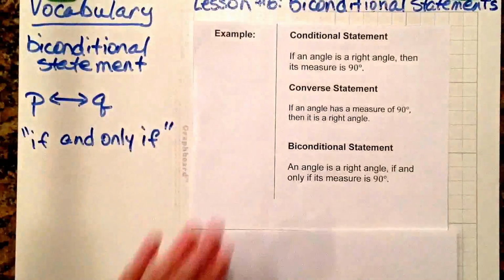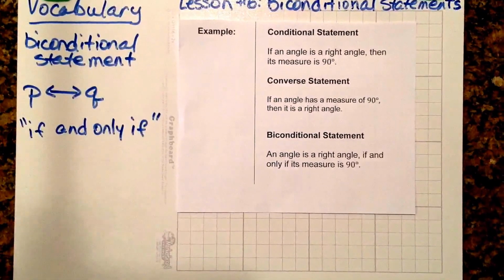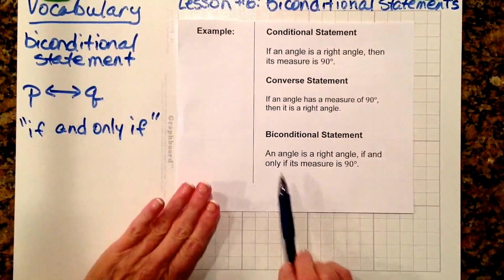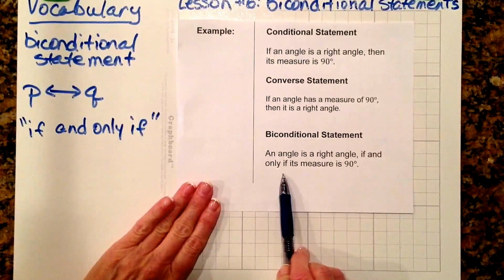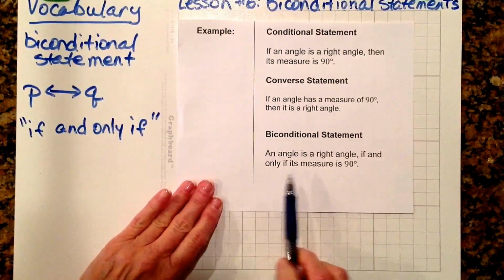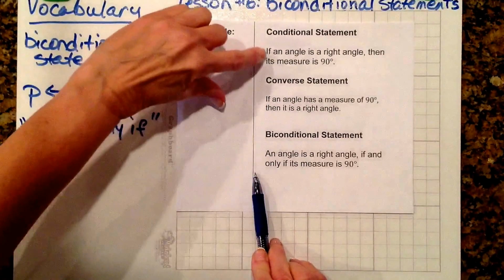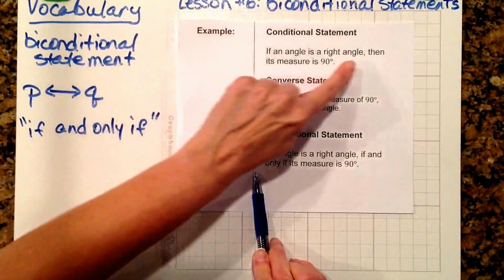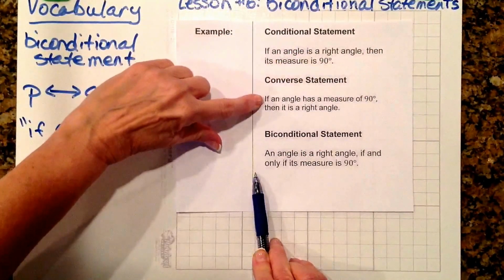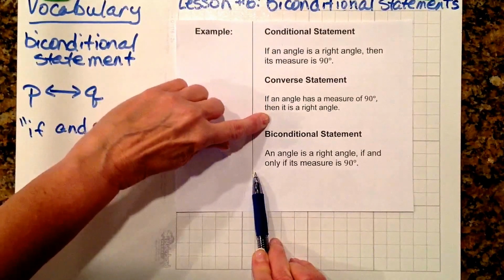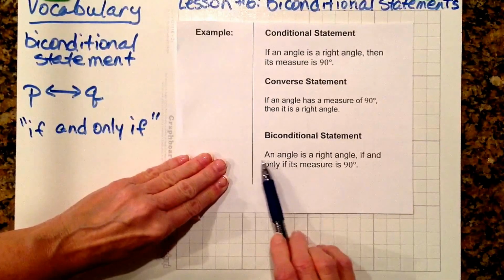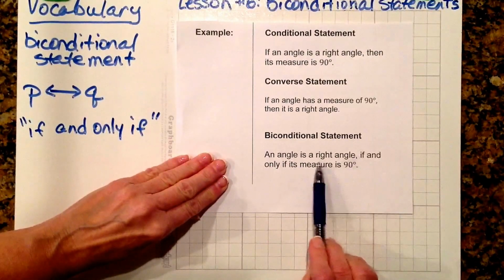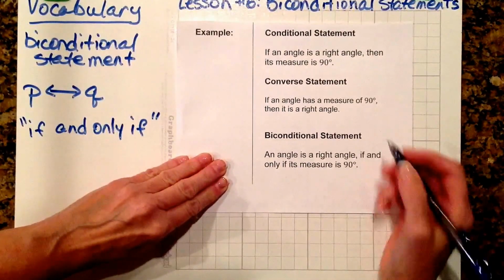So now here is our biconditional statement. An angle is a right angle if and only if its measure is 90. Notice when we write a biconditional, we don't have the "if" and the "then" part. What you do is you start just writing your statement out: an angle is a right angle. That looks like the hypothesis.